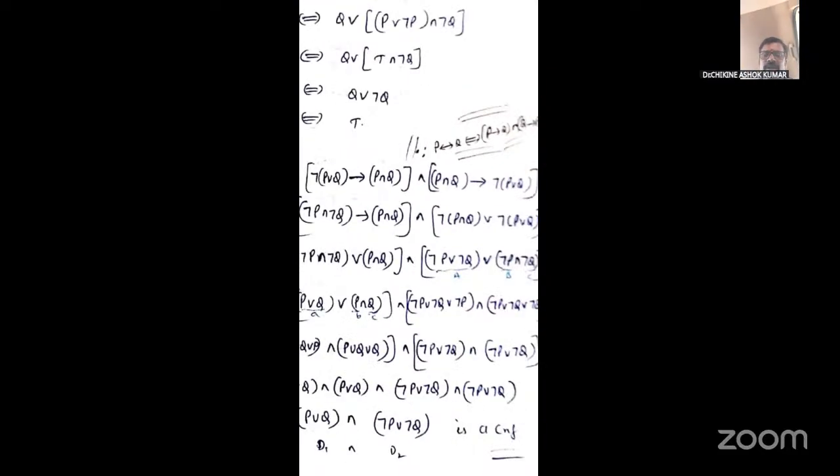Next, in the first function, I am writing as it is, just applying the De Morgan property.